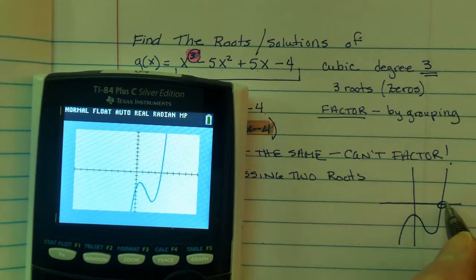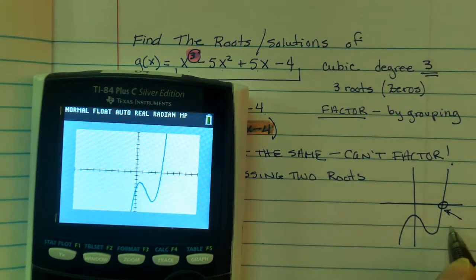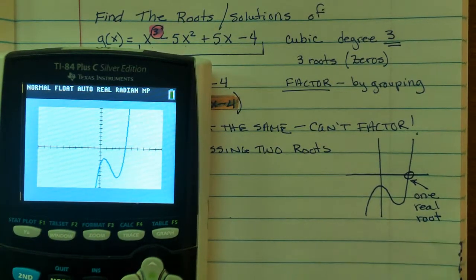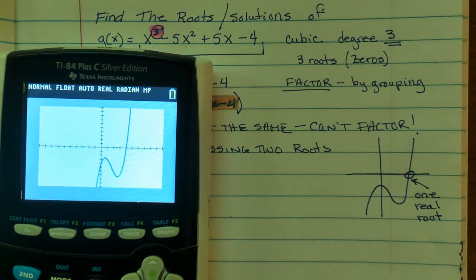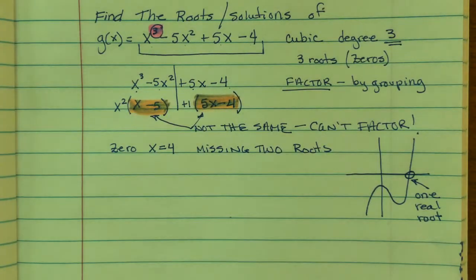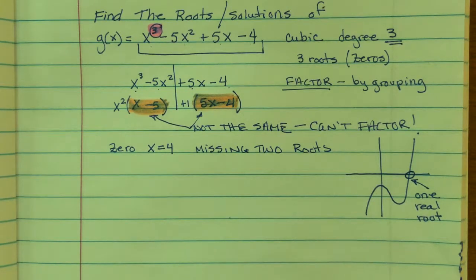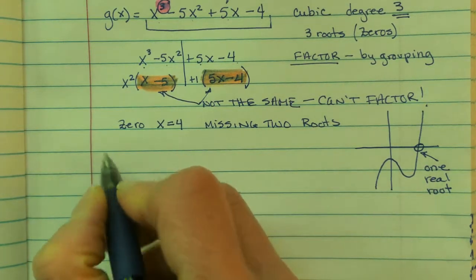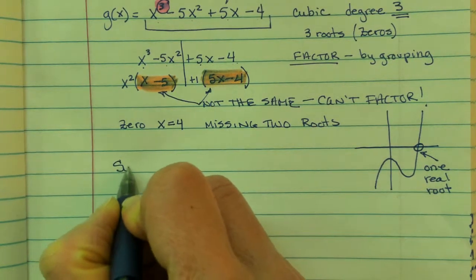It's only going to be able to give me 1 real root. Okay? So that means there has to be another way for me to find what the other root is. And there is. And it's called synthetic division. So that's the process that I'm going to introduce now.